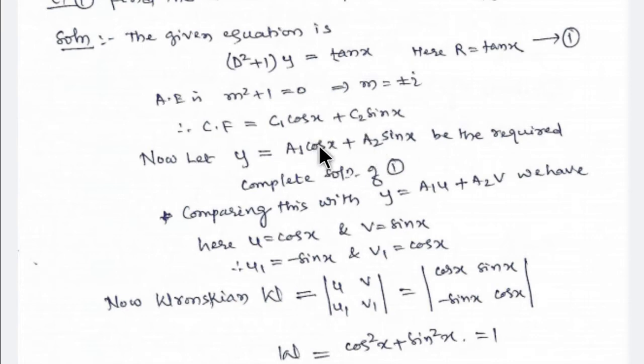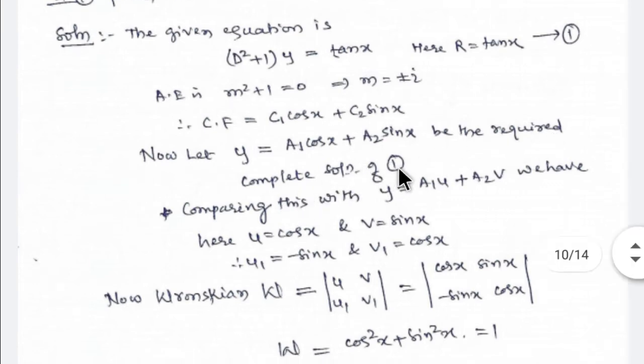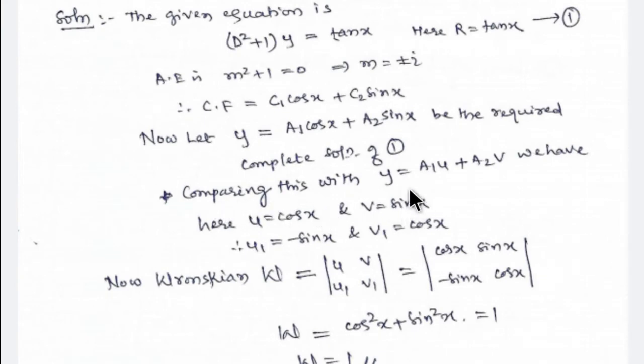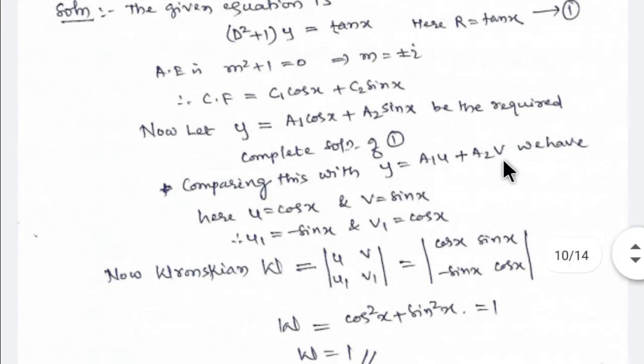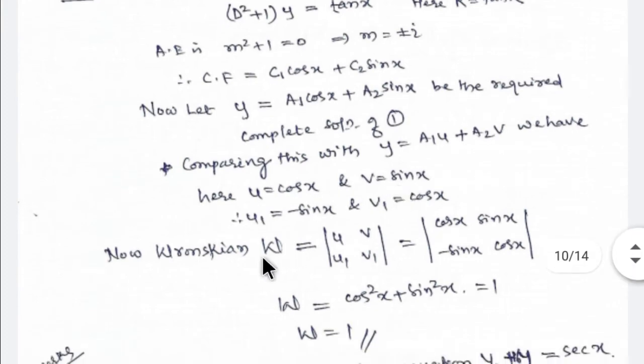Comparing with the above theory, y is equal to a1 u plus a2 v, where u is cos x and v is sin x. So find the derivative of u, u1 is minus sin x, and the derivative of v, v1 is cos x.